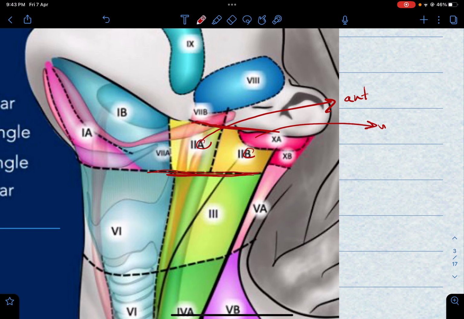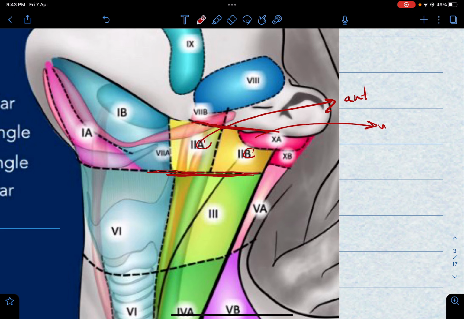Alright, this is number 3, or level 3 lymph nodes of the neck, the middle part of the internal jugular for sure. Superior going to be the hyoid bone, and inferiorly going to be the cricoid cartilage, and anteriorly going to be the thyroid cartilage.